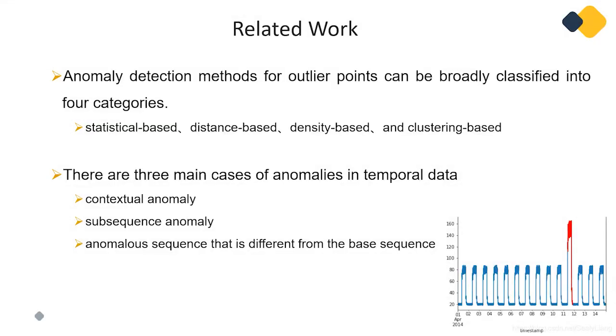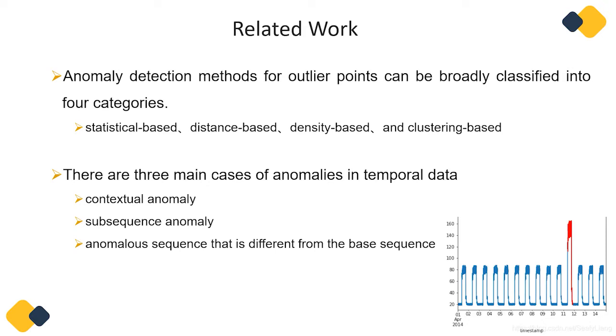Then, related work. Anomaly detection methods for outlier points can be broadly classified into 4 categories, which are statistical-based, distance-based, density-based, and clustering-based. In addition, there are 3 main cases of anomalies in temporal data.